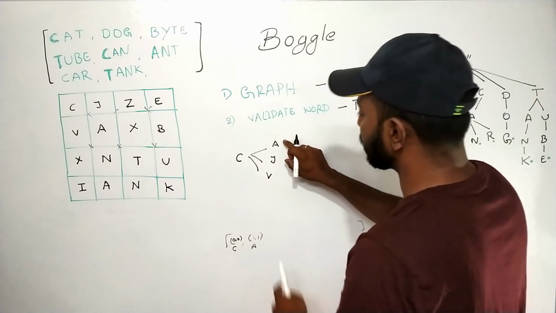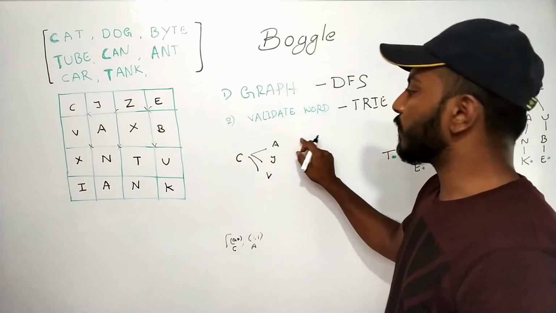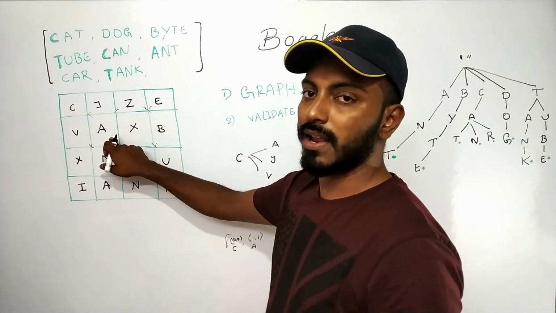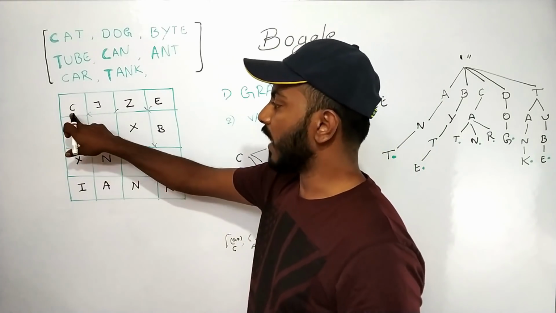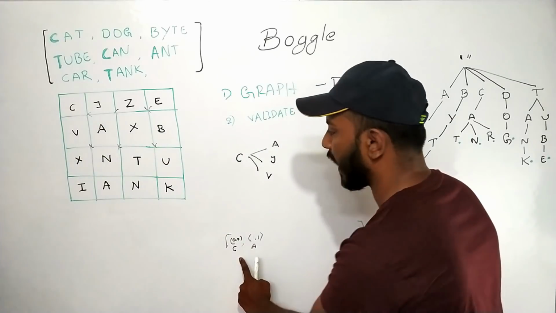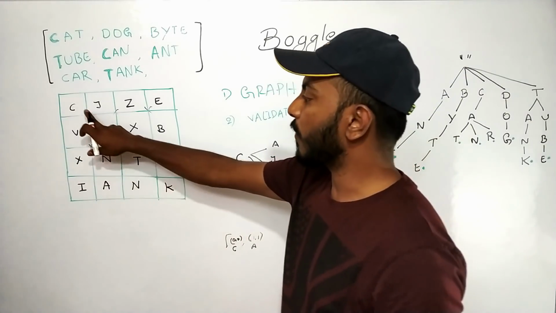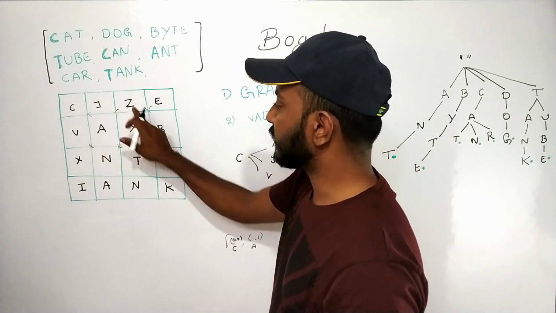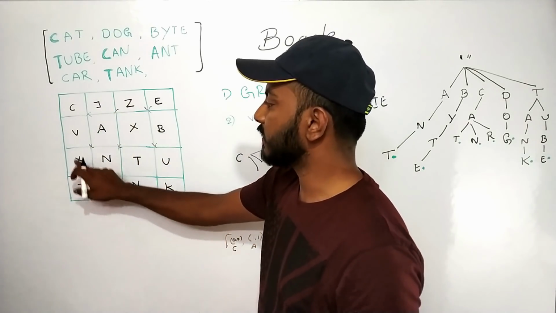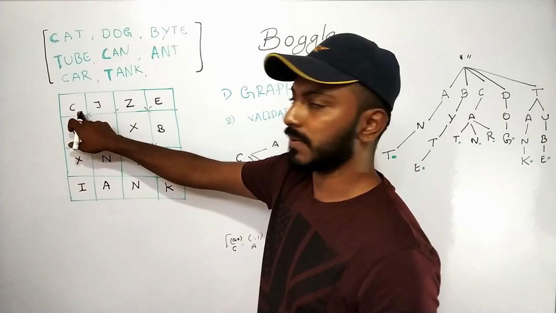That means we can still traverse ahead. From A, get all the possible neighbors. Since we have visited C, we can't visit it again.